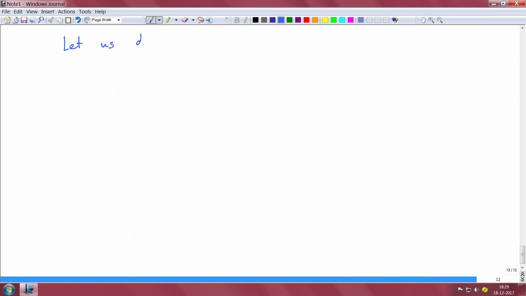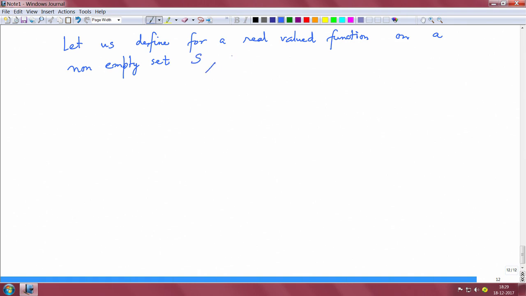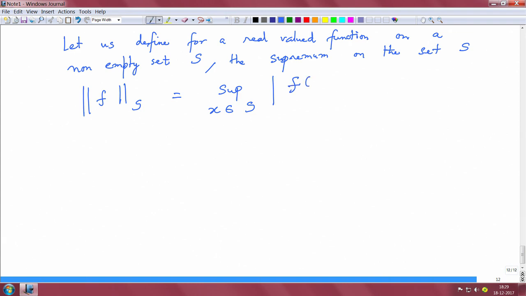So, let us define, for a real valued function on a non-empty set denoted by S, the supremum on the set S given by the norm of f on the set S is basically the supremum over x belonging to the set S of the absolute value of f of x.